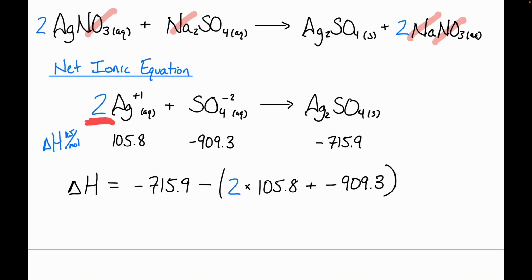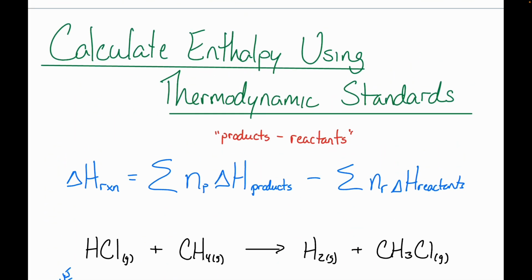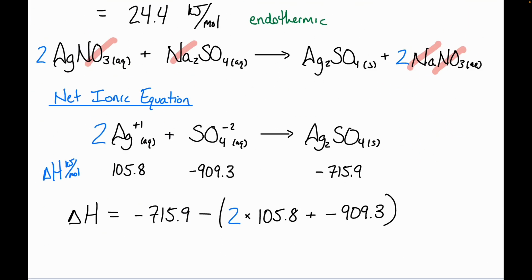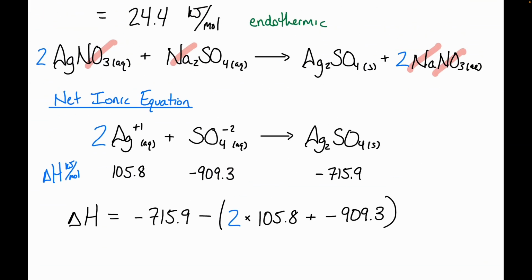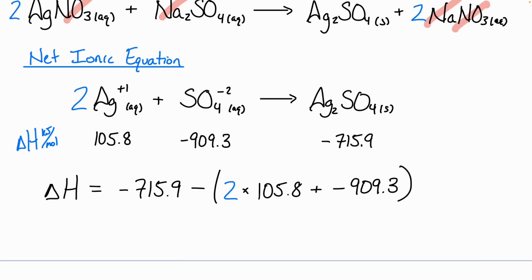Because of my coefficient of 2 in my balanced chemical equation. It's got to be the sum of your reactants multiplied by their stoichiometric coefficients. If we look at our formula here, we got this n in our formula. Those are our stoichiometric coefficients. So if I have 2 silver ions, it's going to release twice as much heat as 1 silver ion, or I guess absorb, it's positive.